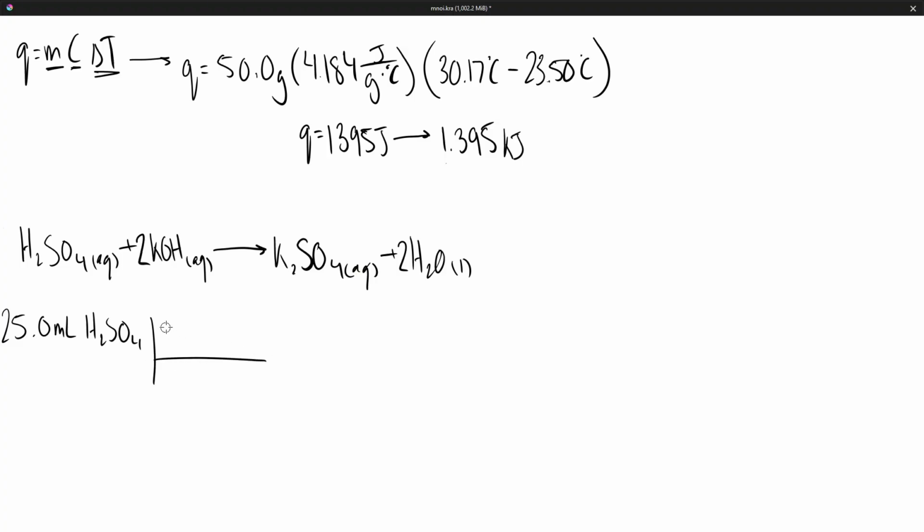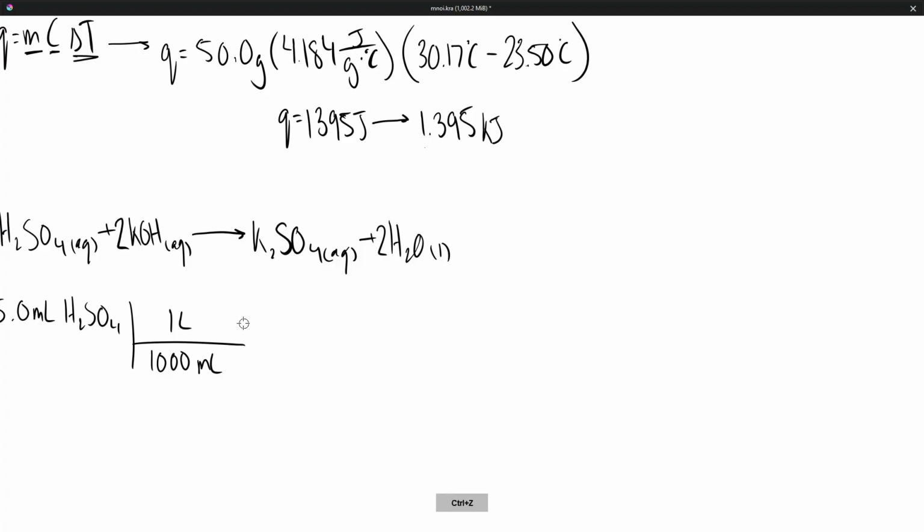So 1 liter, 1,000 milliliters. From here we can use the molarity given to us, which is 0.500 molar. That expands out to be 0.500 moles of sulfuric acid for every liter.